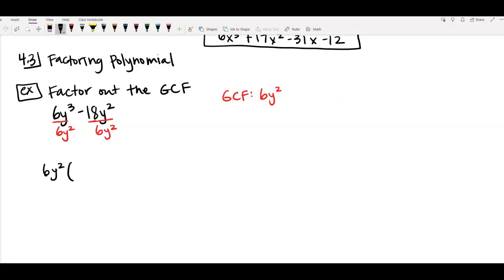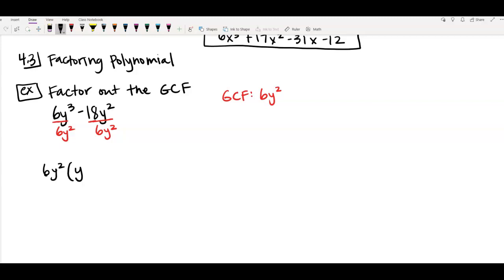So that's on the outside, right? And then when I divide these out, it's going to give me what's left over inside. So 6 divided by 6 is 1. Y to the third divided by y squared is just y. Right? Because remember, when it's connected by division, you subtract those exponents. So I did 3 minus 2 to get that y to the first power.